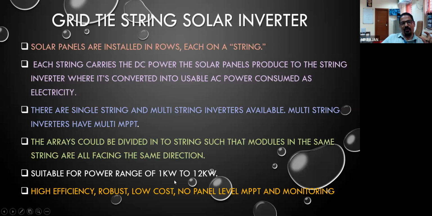Module level monitoring is not there because all the modules in one string are connected to one MPPT. So we cannot go that deep at panel level. Okay, so that is the main disadvantage, otherwise it is highly efficient. One full string connection is given to one inverter.